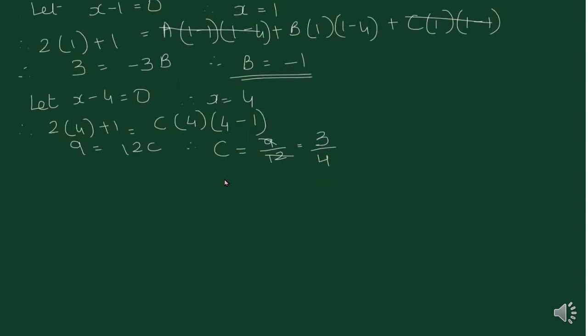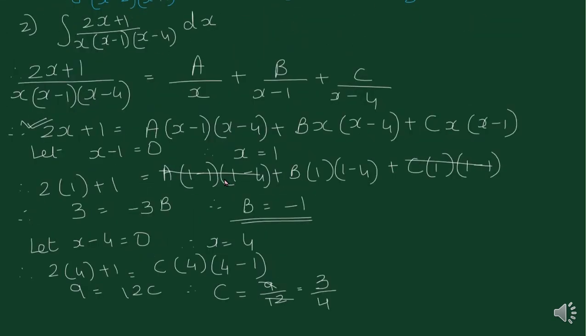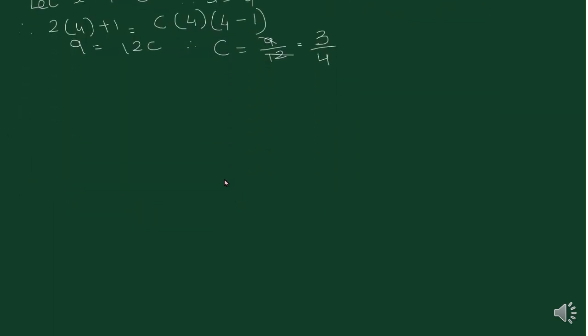Now, how to find a in this case? b we know, but a we have to find. For a, we put x as 0. The x term is left over. If you can see in the question, x is left over. We have not substituted x as anything yet. So, in the third case, we let x be equal to 0. Therefore, we get 2 into 0 plus 1 is equal to, now in this case, the b and the c terms are going to get cancelled because they have x in them, but the a term remains.